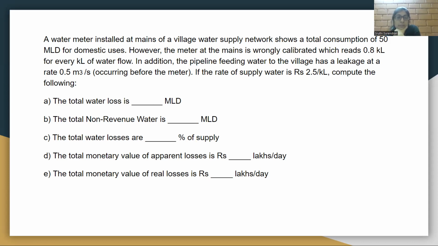So the meter reading is wrongly calibrated, which means for 1 kiloliter, the wrong reading is 0.8 kiloliters. Then for actual 1 kiloliter, 1 by 0.8 kiloliters will be the correct meter reading. Now we have the meter reading in kiloliters.